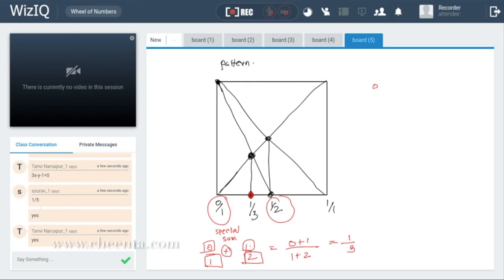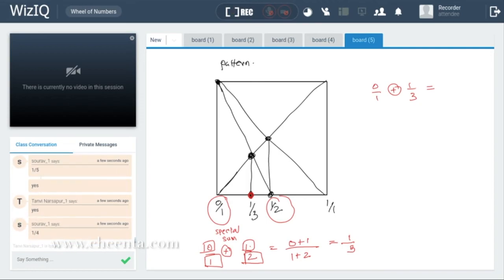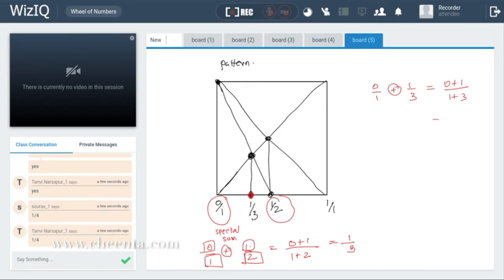Okay, what is 0 by 1 special sum 1/3? That is 0 plus 1 by 1 plus 3, right? So if you join these 2 points and drop a perpendicular, you will get 1/4.